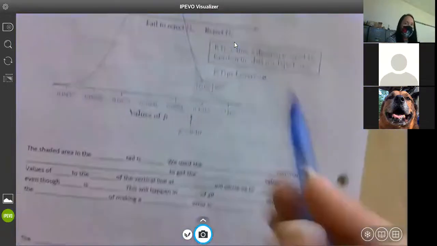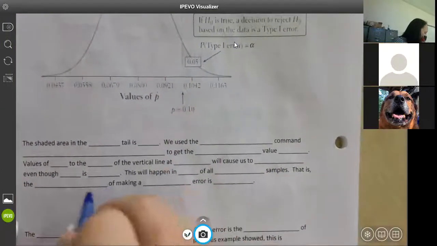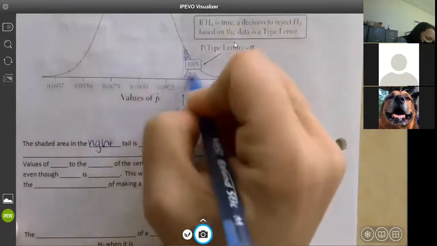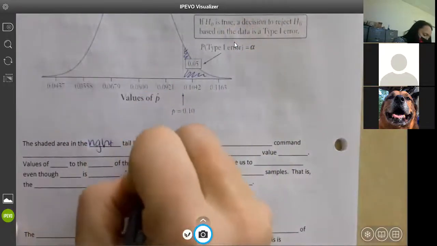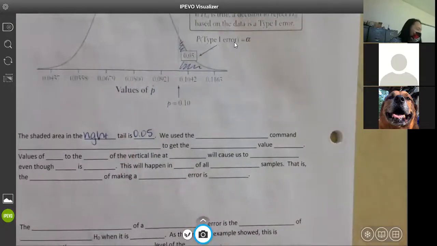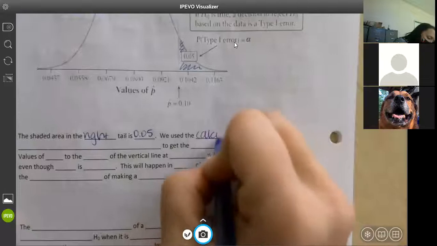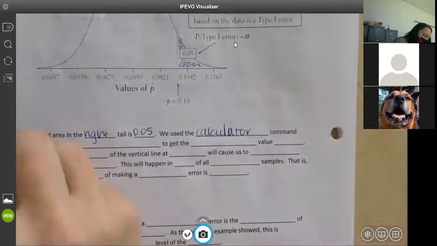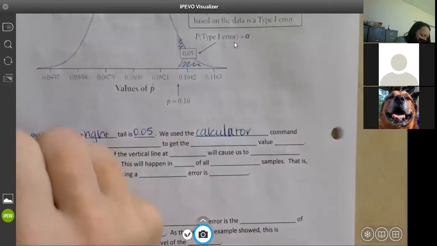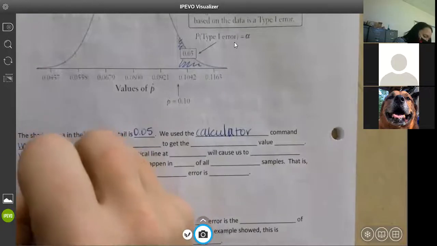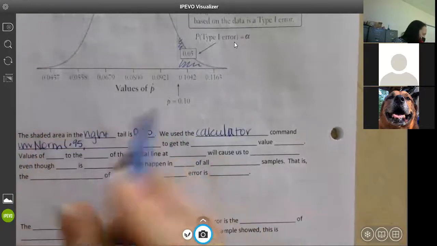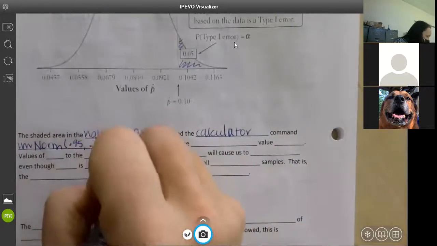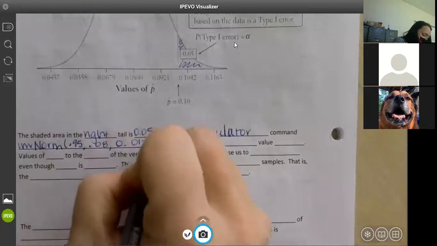Again, this last paragraph is just describing this top part, the shaded area in the right tail. I don't know if you guys can see that it's shaded. It's this part. It's 0.05 or 5%. We use the calculator command inverse norm, 0.95, 0.08, 0.01213.